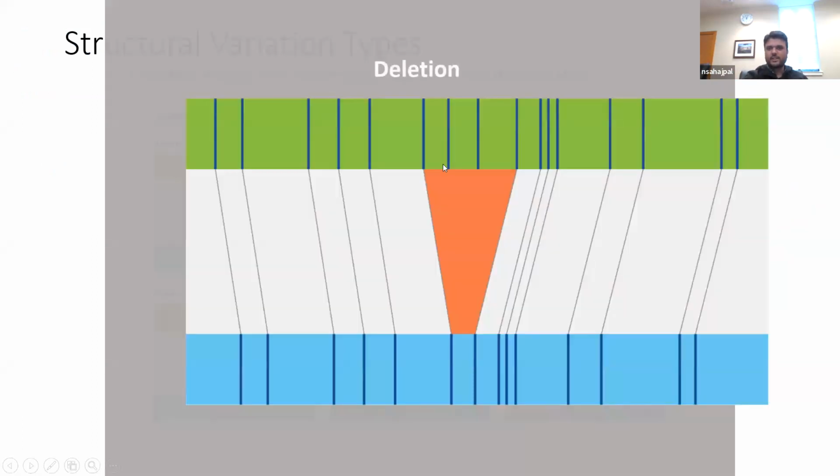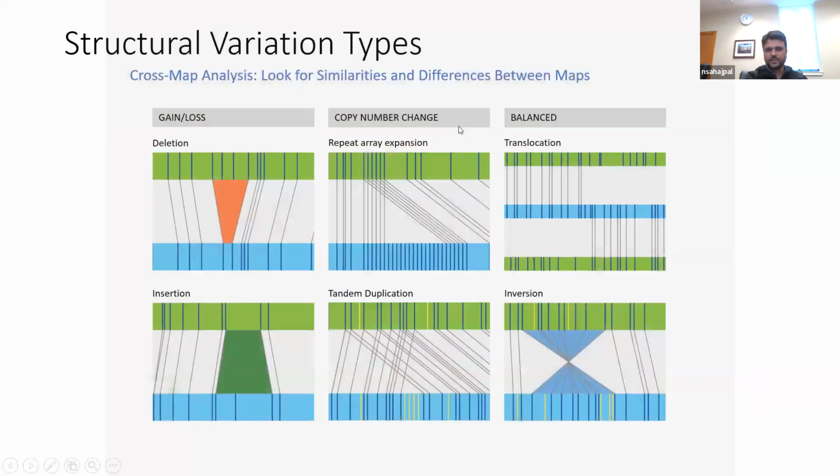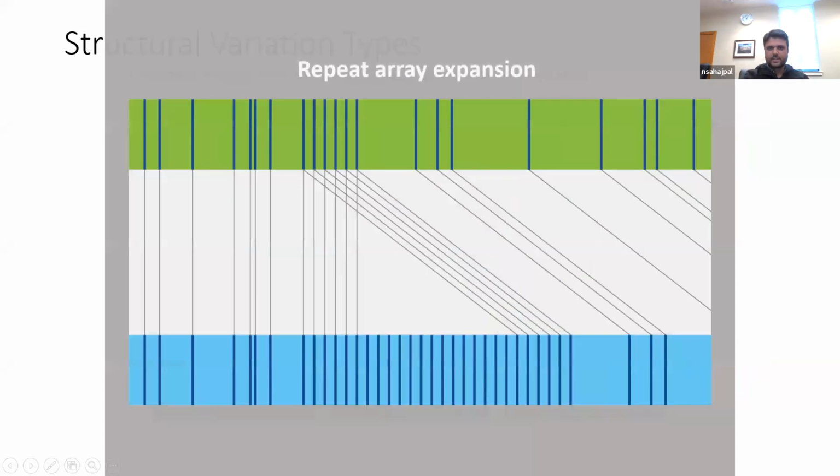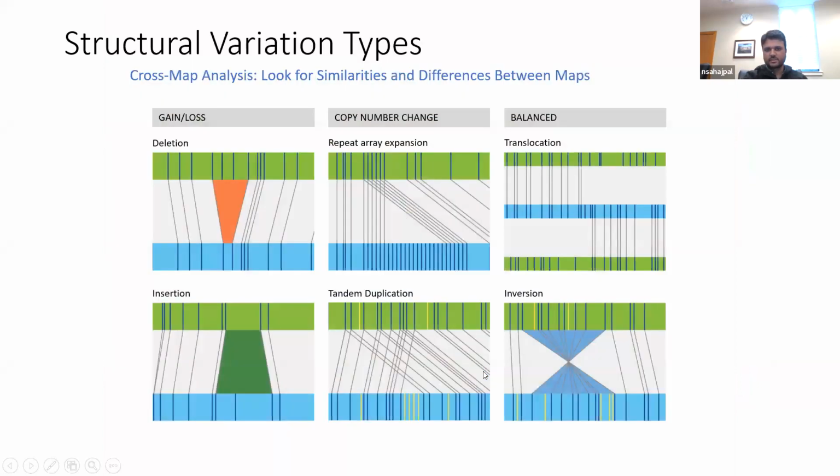When there's a reduction in distance between two labels, or there is a missing label, it is called out as a deletion. Similarly, when the distance between two labels increases and there's an additional label, it is called out as an insertion. When the labels repeat themselves, you can actually count the number of repeats, and the software does that for you. So you can capture repeat expansions and contractions.